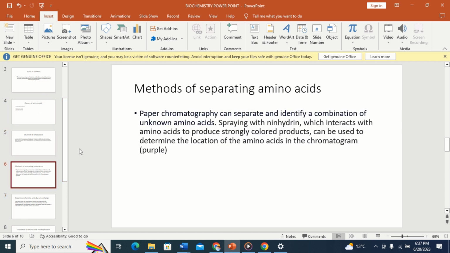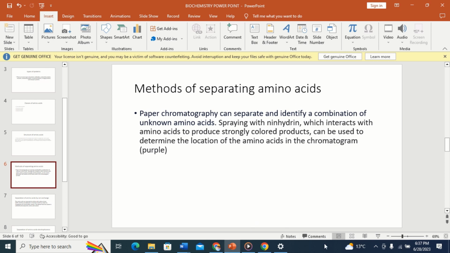Now I want to go to what is next, methods of separating amino acids. How can we separate amino acids? You can have a mixture of amino acids, several of them. And I don't know if I may ask, have you had some of the examples of amino acids?